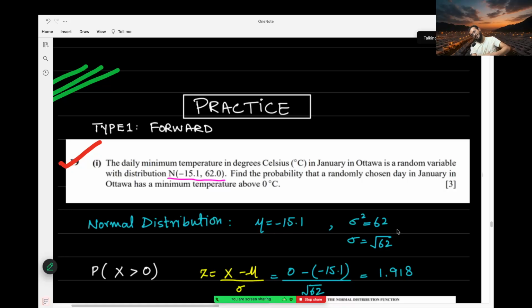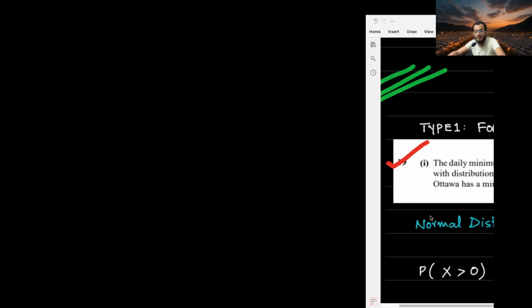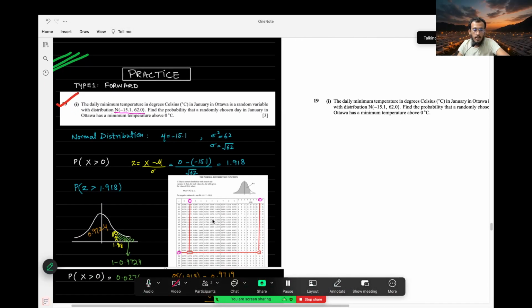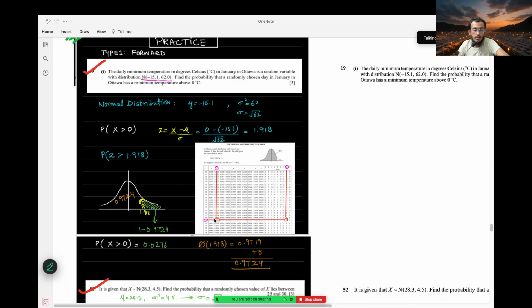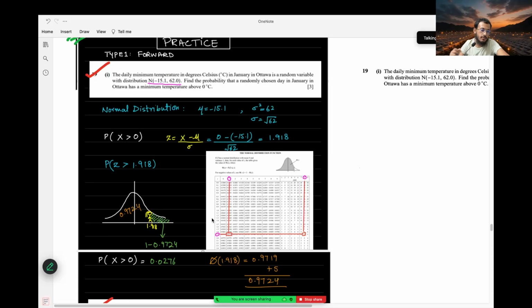Okay, then please try to find the final answer. Well, the answer is 0.0276. You forgot to subtract it from 1.